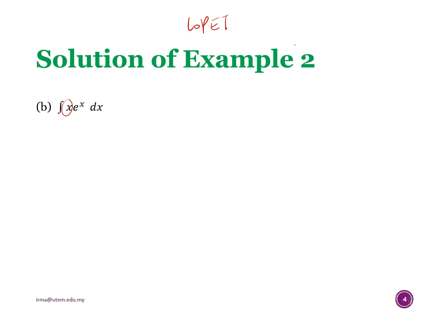So we will let u as the polynomial which is x and dv as exponent x. From u equal to x, you will have du dx equal to 1, which means that you will have du equal to dx.